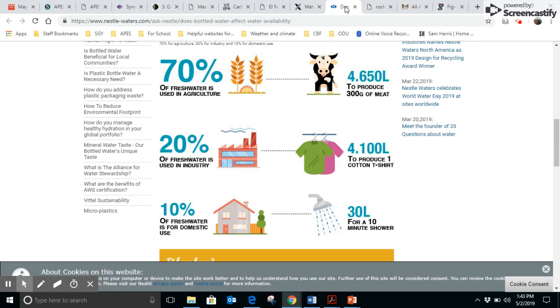Then we have 20% that comes from industrial use, and only 10% is domestic use. So, sure, you can take shorter showers, not keep the water on when you're brushing your teeth or shaving, but at the end of the day, you're only affecting that small 10%.